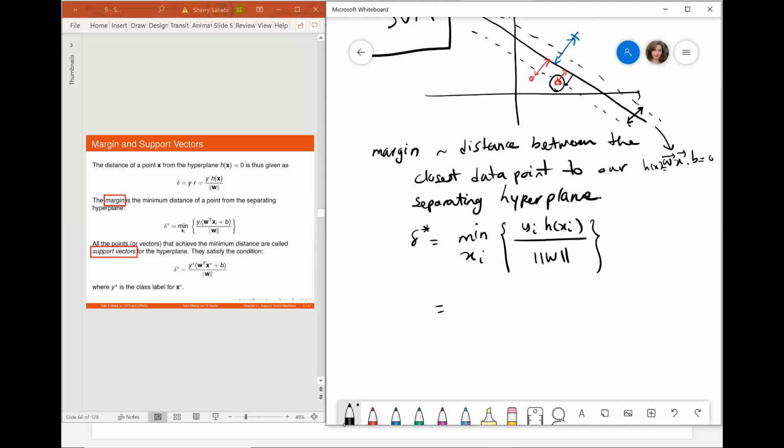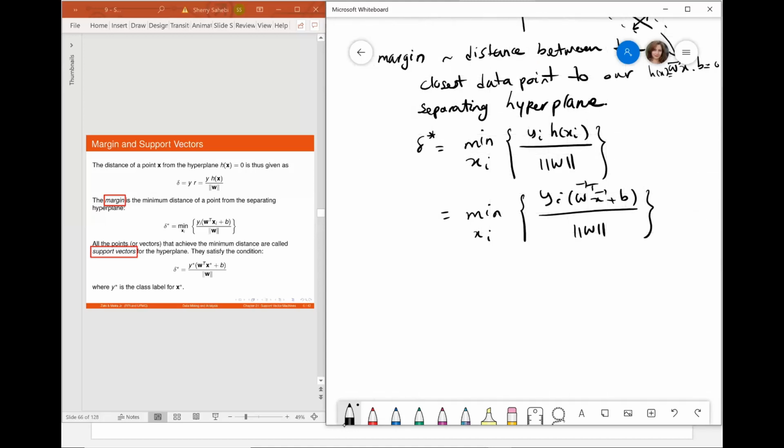So it is basically the minimum of yi times w transpose x plus b, over norm of w, over all xi's. So this is my margin. Given any line, I can calculate this margin for my data points.